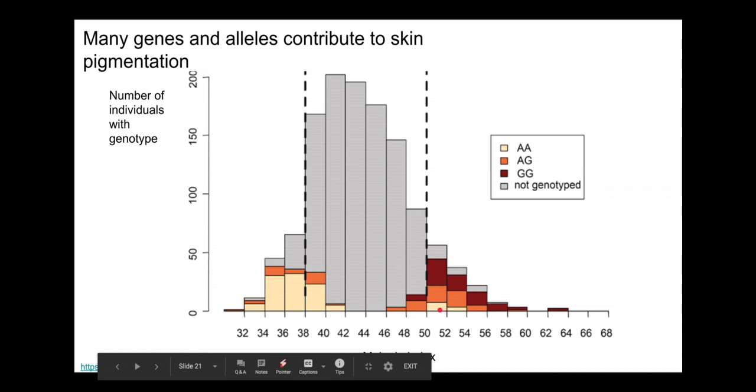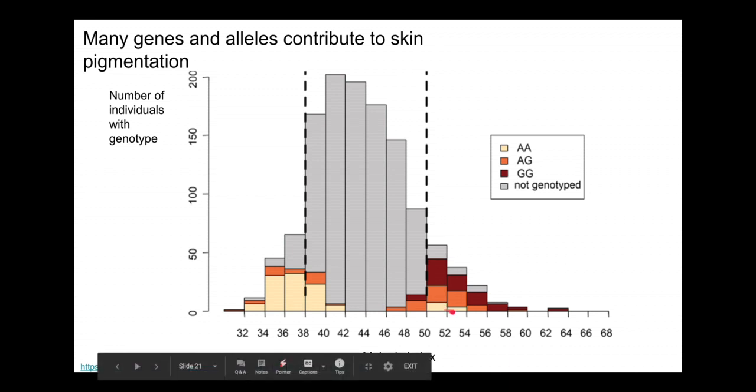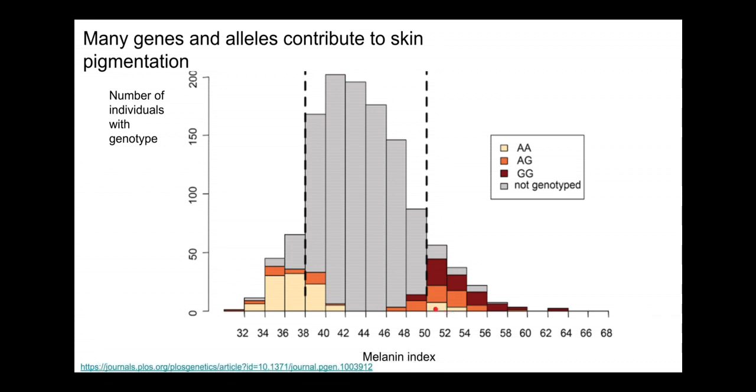So these are individuals that even though they have the big A genotype for this particular gene, even though most people that are big A are lightly pigmented, these maybe 3 or 4 individuals were darkly pigmented. They must have alleles for other genes that are driving their overall pigmentation pattern.